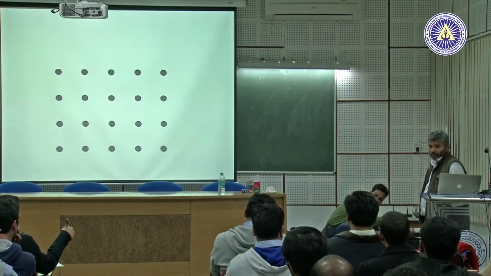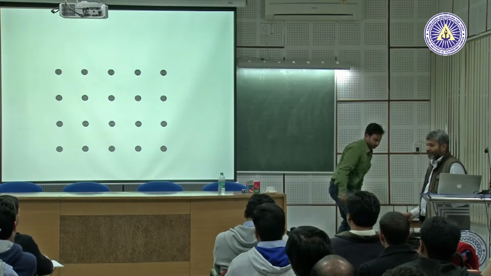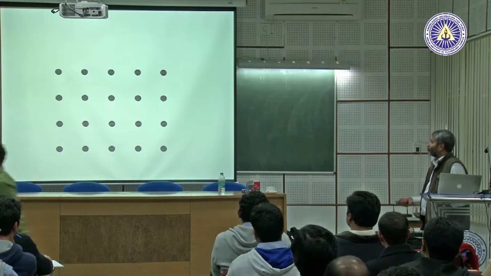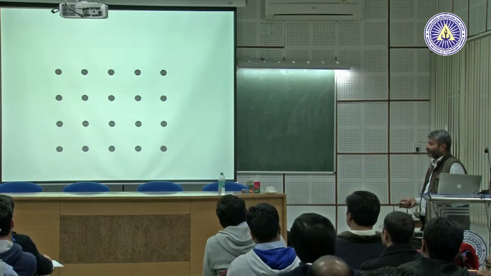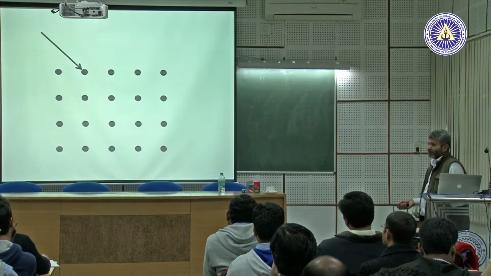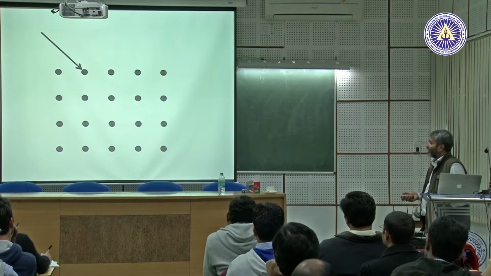Now, let us look at X-ray diffraction a little bit more in detail. You have a periodic set of atoms in the crystal and X-ray is coming and hitting, and of course, the X-ray is not picking and choosing one particular atom, it is hitting all the atoms.